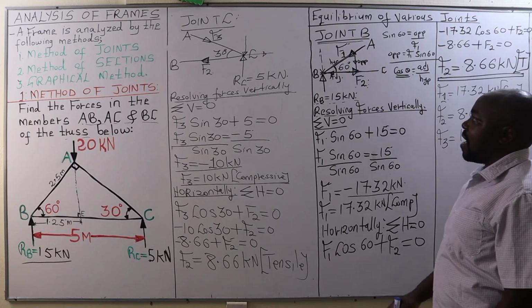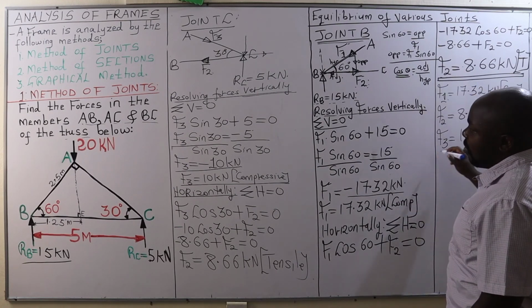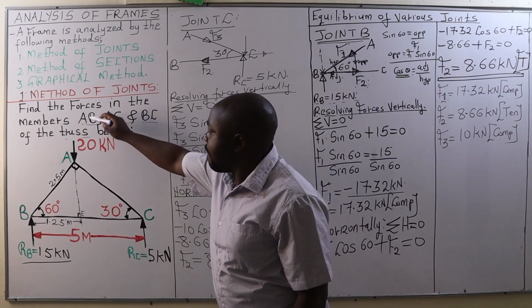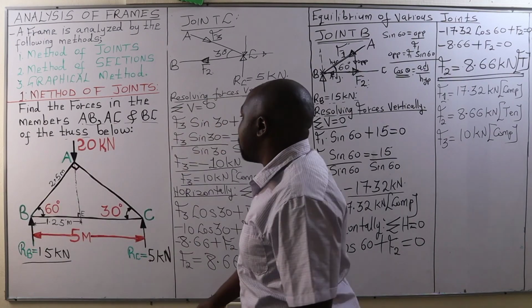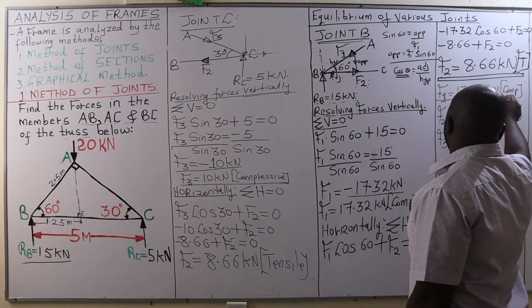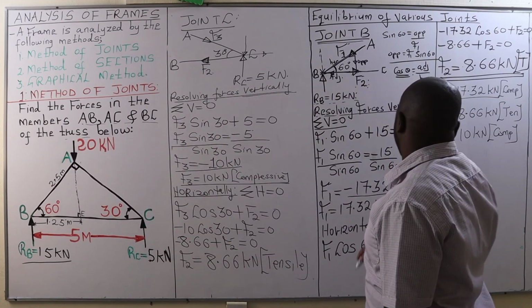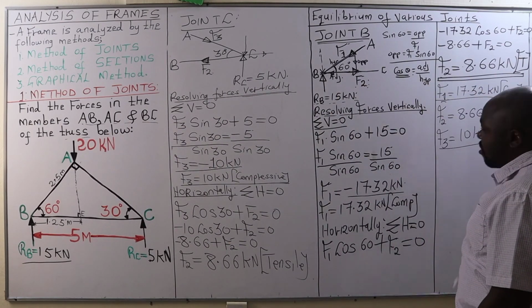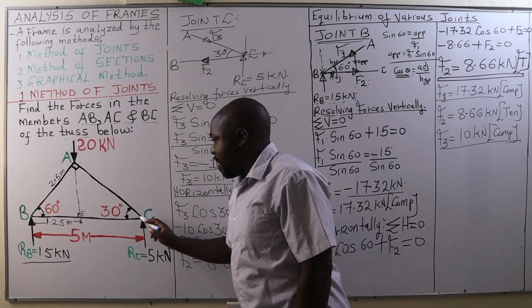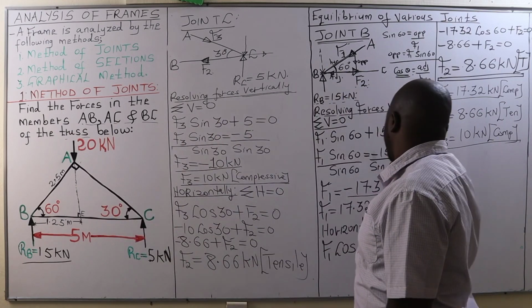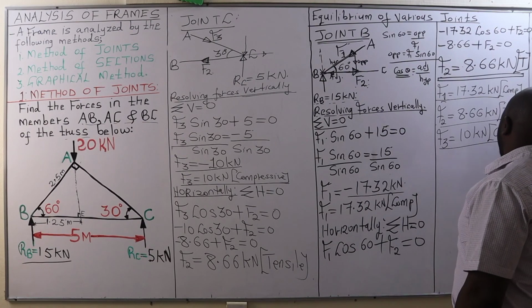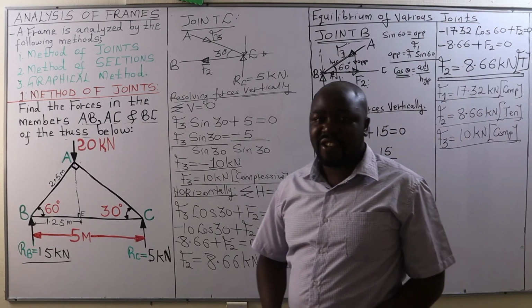And therefore, on member AB, we have F1, 17.32 kilonewtons. On member AC, we have F3, 10 kilonewtons, compressive. And on member BC, we have F2, 8.66 kilonewtons.